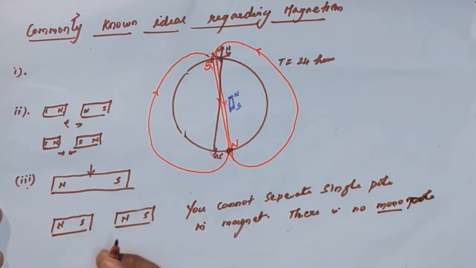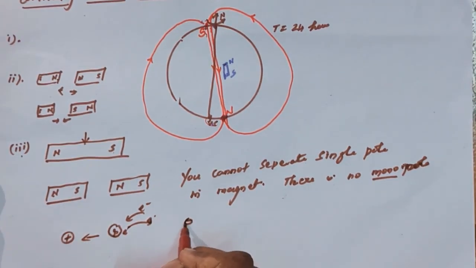In electrostatics, take a neutral atom with an equal number of electrons and protons. If you knock out one electron, it becomes positively charged. If you add one electron, it becomes negatively charged.